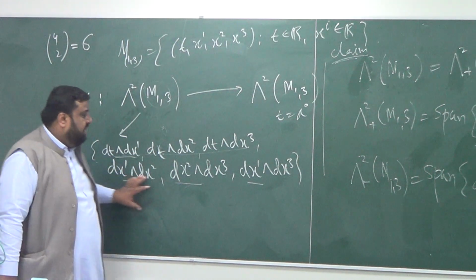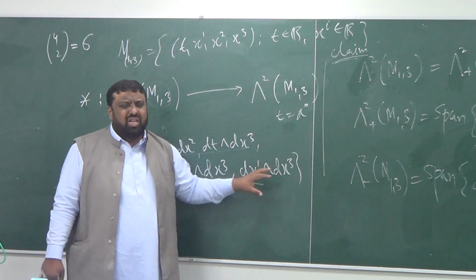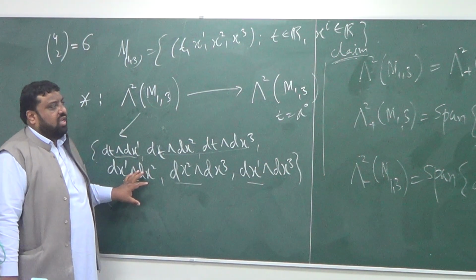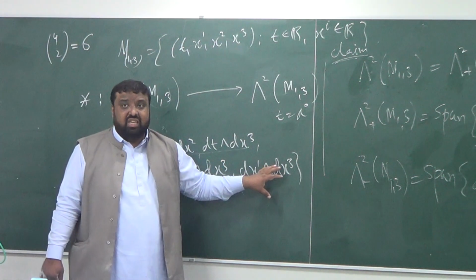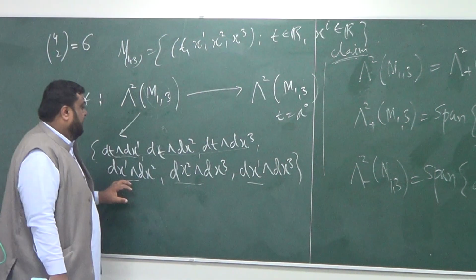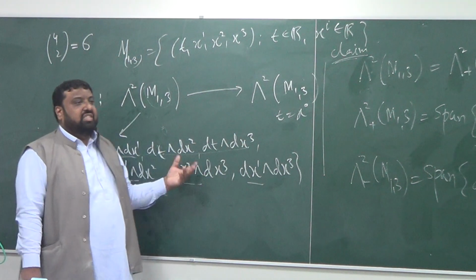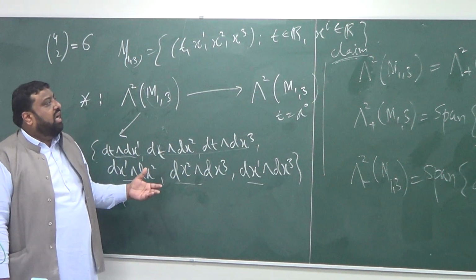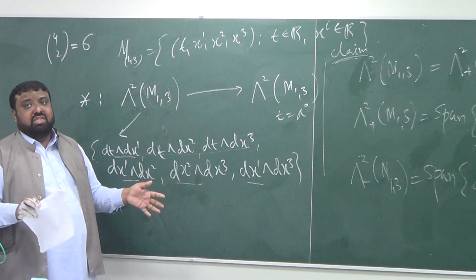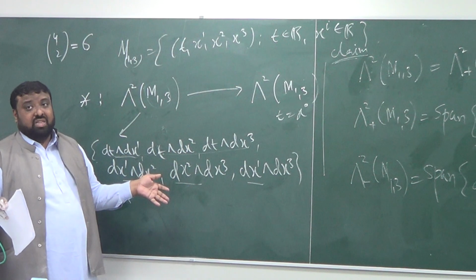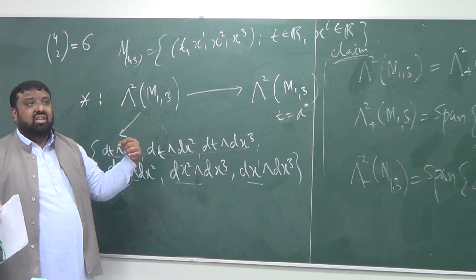So you take the star and operate it on any 2 form that is written in terms of these bases, and you're going to get a 2 form written in this subspace. So essentially this star is telling you that Minkowski space must have 2 crucial parts, which should have only one thing in common, and that is 0.